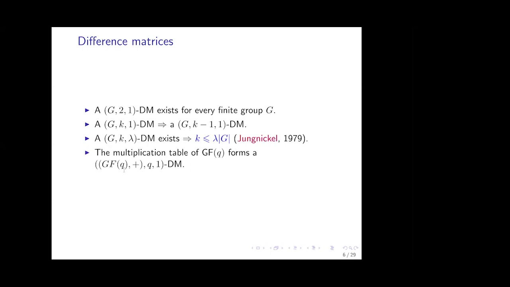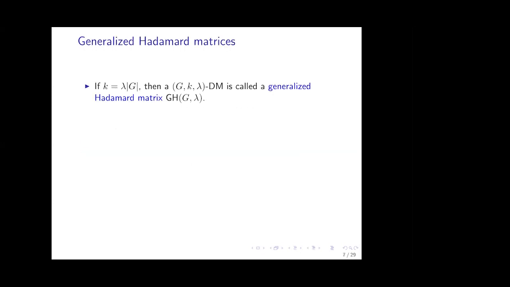Here, the group is the additive group, the elementary abelian group. It's easy to check. Actually, when k attains the upper bound, k equal to lambda times the size of G, a (G, k, lambda) difference matrix in the literature is often called a generalized Hadamard matrix.